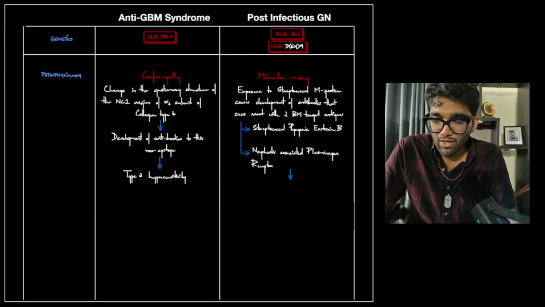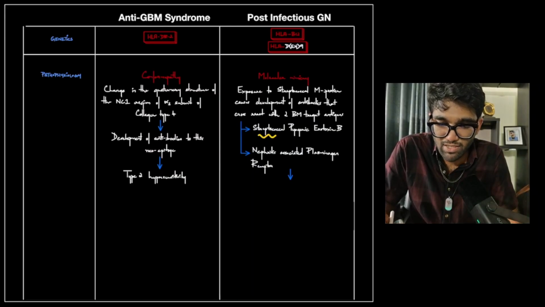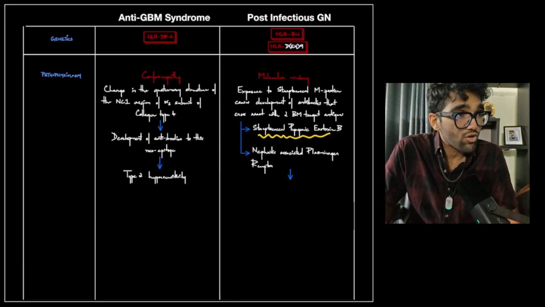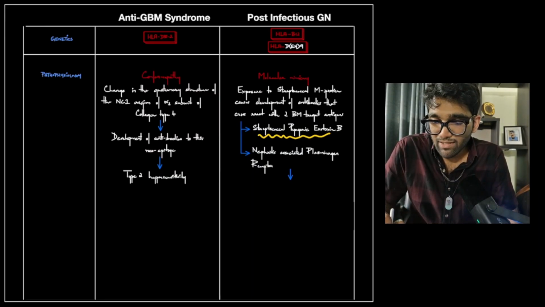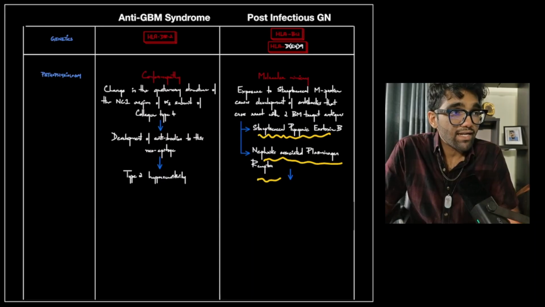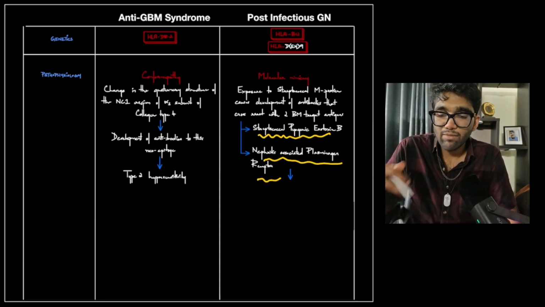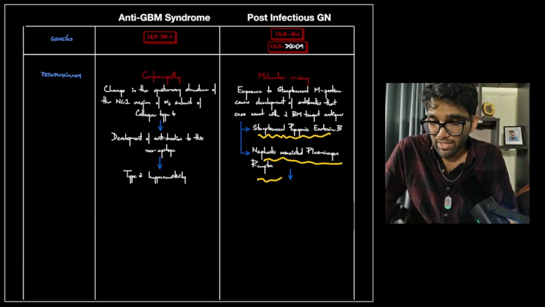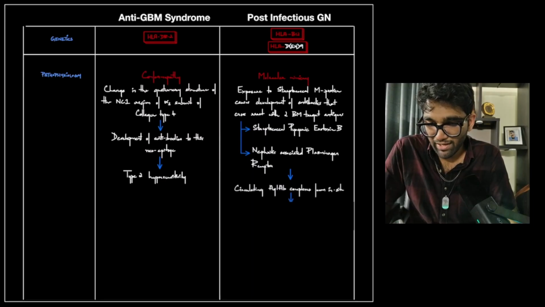Specifically, it is against the streptococcal pyogenic exotoxin B, and the nephritis associated plasminogen receptor. These are the two basement membrane target antigens against which the antibodies cross react. The names are important, that's why I've highlighted them.